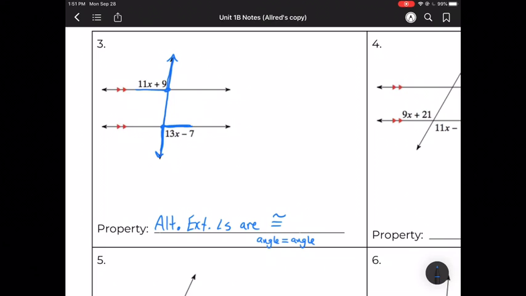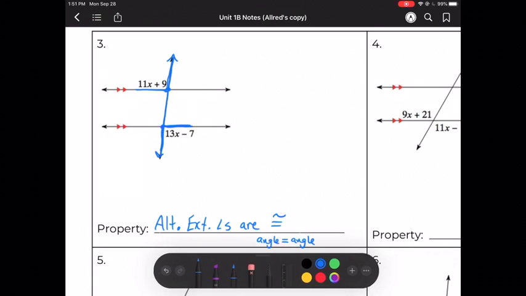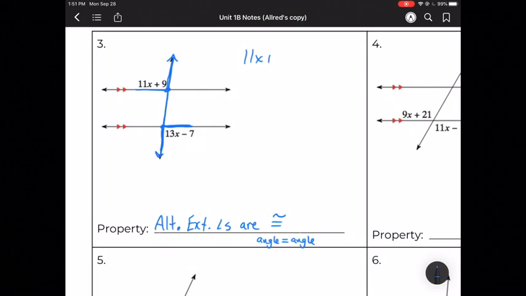And so we can set them equal. So we can say 11x plus 9 equals 13x minus 7, and we can start to solve.